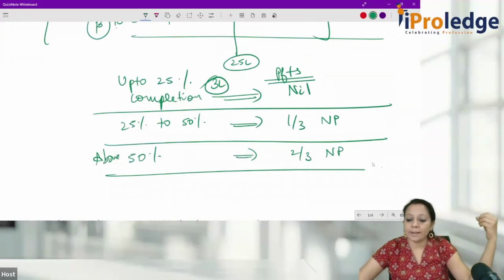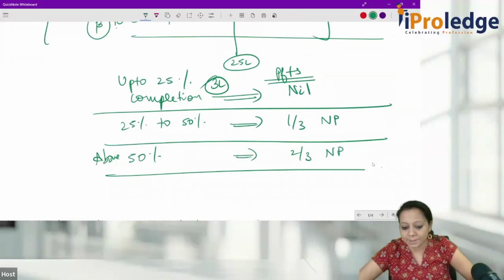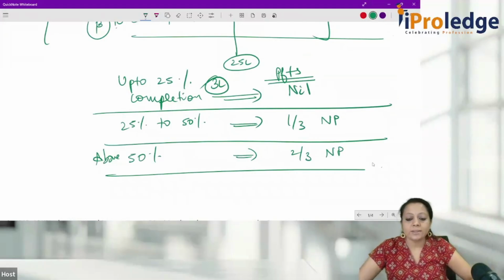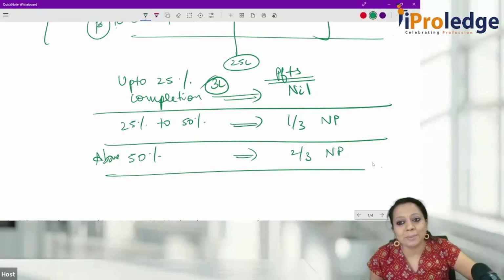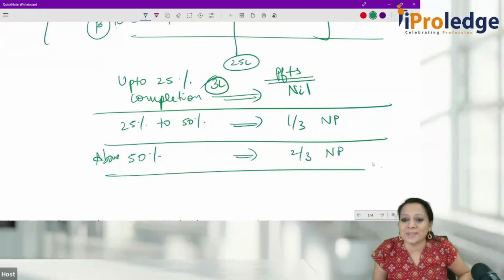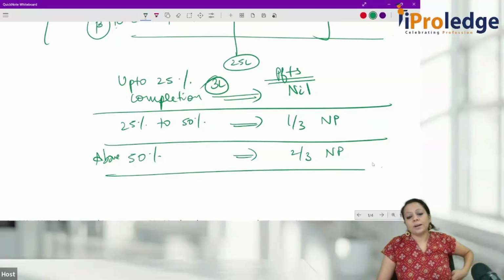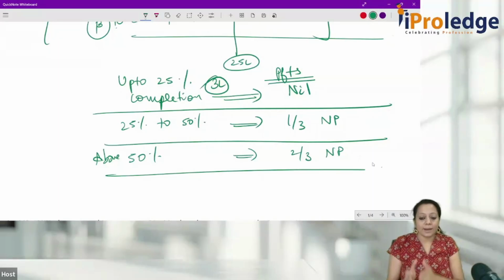Okay. Why I'm saying all this is that sometimes in today's class also we will be doing multiple contracts. For example, today's contract questions I've chosen from the last two June exams. One of the questions is having 2 years of preparation. In that, in the second year the contract will have to get completed because the contract period itself is only for 2 years. Okay. So again, I'm saying the contract account is prepared to find out the profit or loss specifically from the contract.